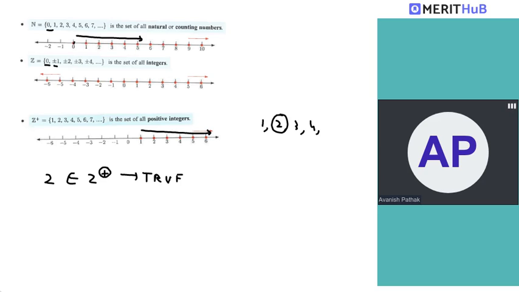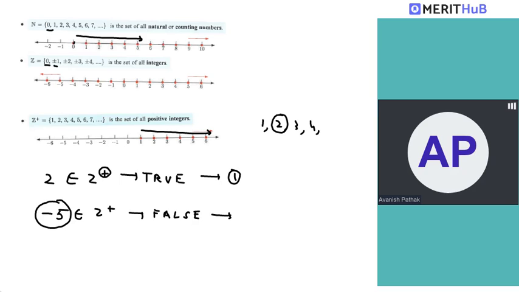Usually it comes for a single mark, so if you write the correct answer, you get the full mark. Now, if I say that minus 5 is a part of Z positive, is that true or not? No, that's a negative integer, so that's false. It's not part of the positive set.